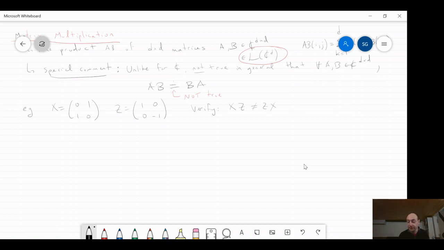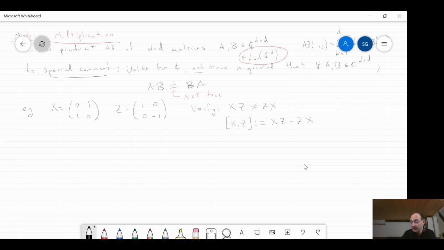Okay, and very briefly, the notation you might use for this is something called the commutator. We'll see this notation again later in the course, but you might define this bracket as XZ minus ZX.